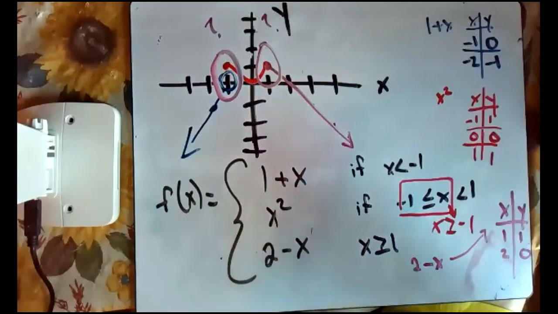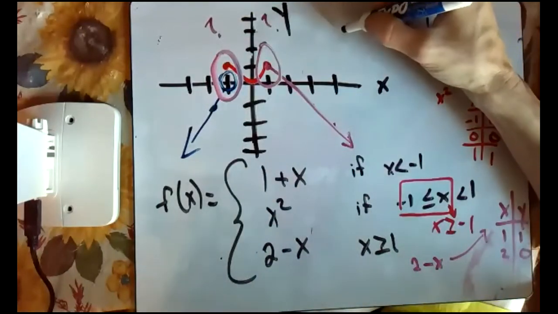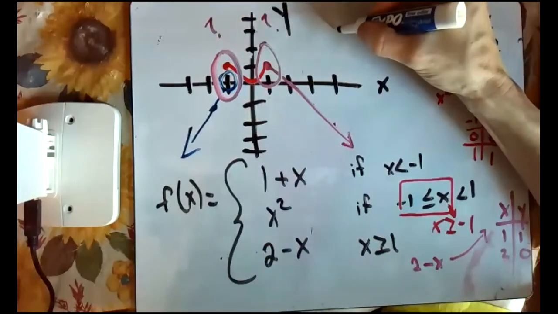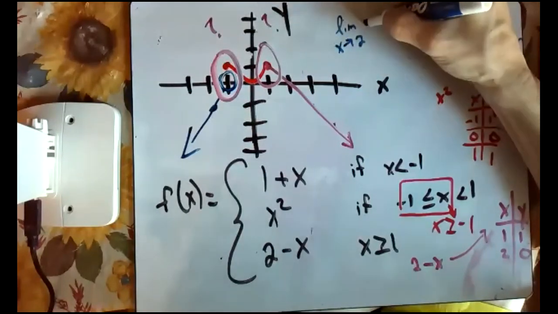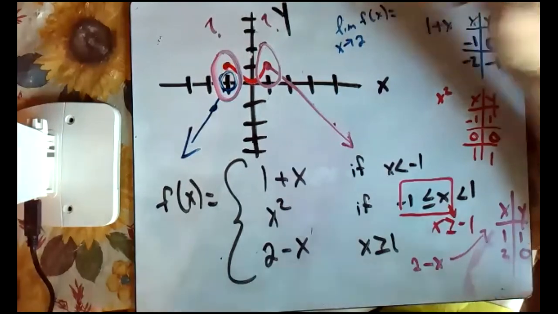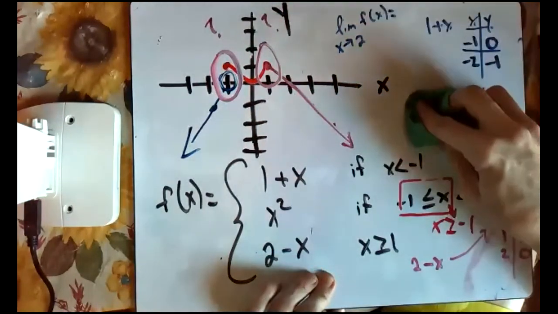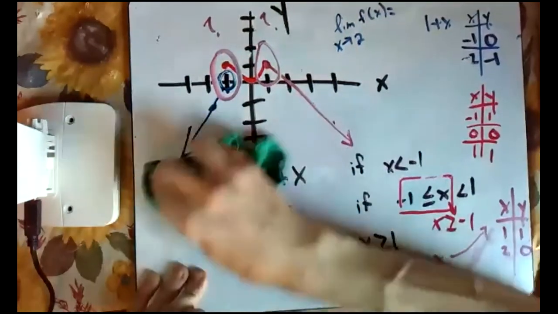Let's look at the limit as x approaches 2 of f of x. That's a problem spot right there. I'm going to erase this.